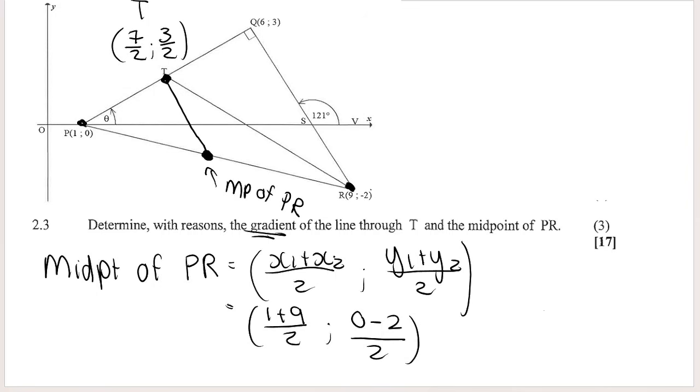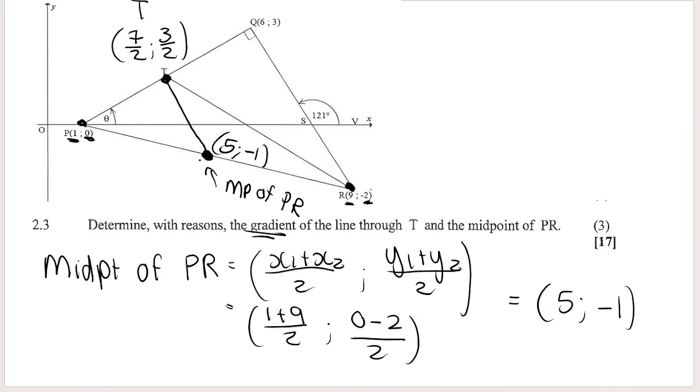Just remember, it's x1 plus x2, so 1 plus 9. That comes from the x over there and the x over there. And then y1, which is 0, plus y2, which is -2. So plus minus, that's why it's a negative over there. And my midpoint, as I've worked it out, is 5 and -1. So now I know this coordinate over here, 5 and -1.